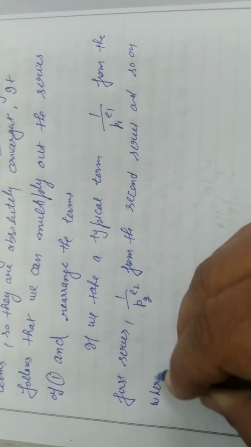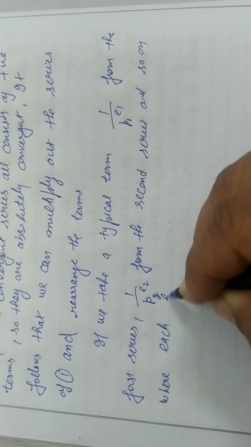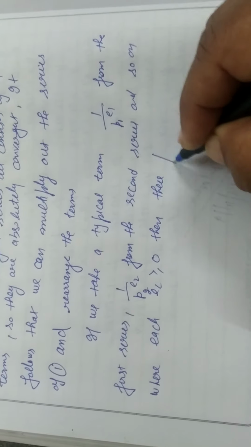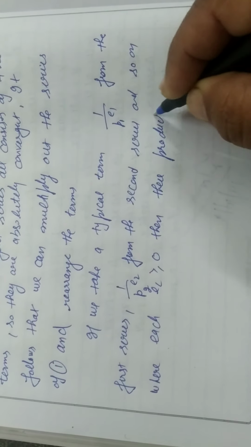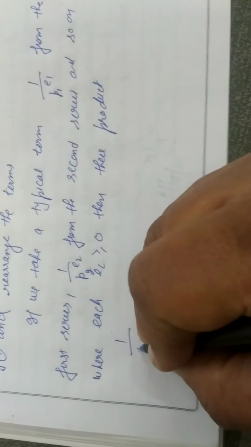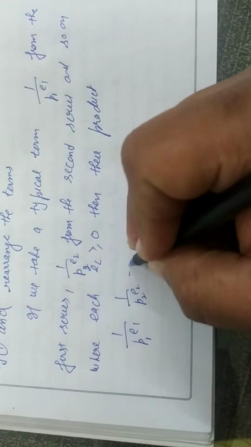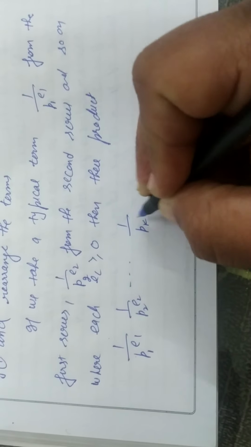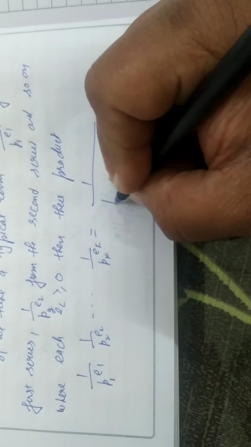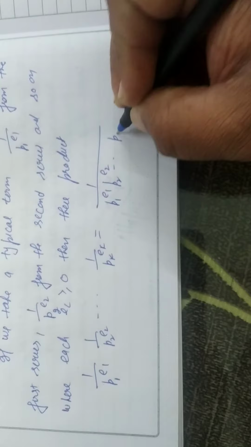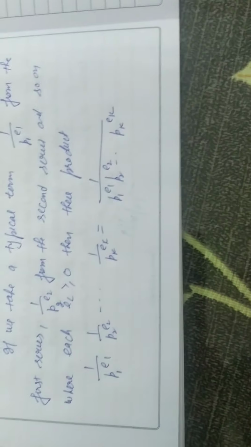where each ei is greater than or equal to 0. Then their product, what product? 1 by p1 raised to power e1, 1 by p2 raised to power e2, 1 by pk raised to the power ek is equal to 1 by p1 e1, p2 e2, pk ek.